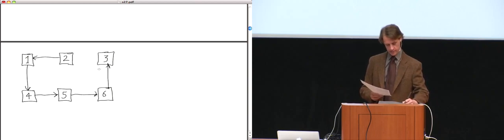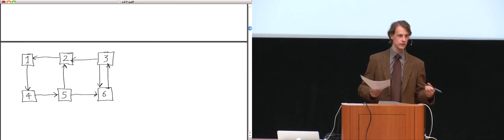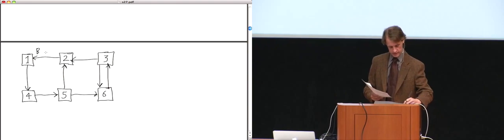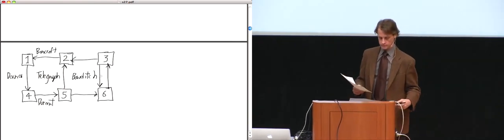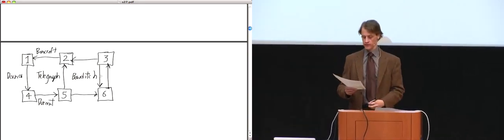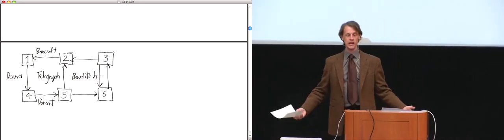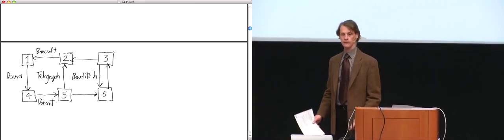But since this is a map of one-way streets, I'm going to use a directed graph and directed edges. And this is a graph that most of you have personal experience with. So, streets south of campus. Because there are one-way streets, it's just natural to use a directed graph for that.